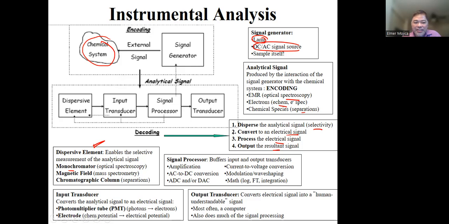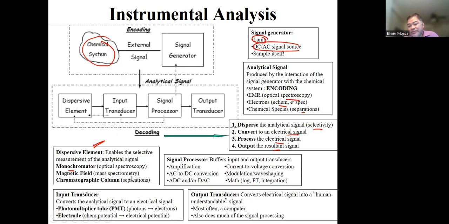If you're going to look at the name, mono, which means what? One. So chrome, there is what? Colored. So that means when you have a monochromator, you narrow down the wavelength at a particular wavelength that can be absorbed by your sample.